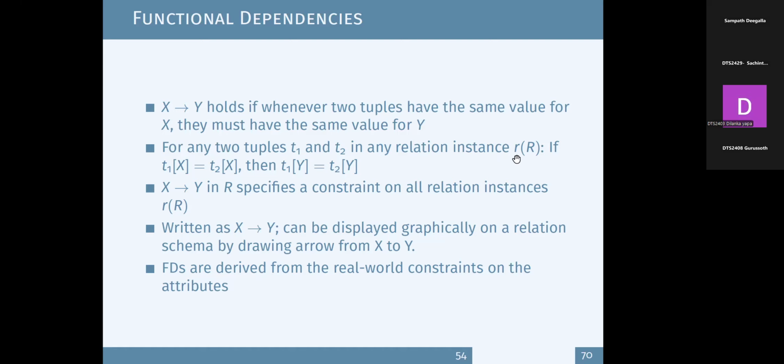Mathematically, we can write this as: for a relation R, we are taking a particular instance, so we are taking two different tuples, T1 and T2, where tuples mean the same as records. If t1[X] equals t2[X], then t1[Y] should equal t2[Y] as well.